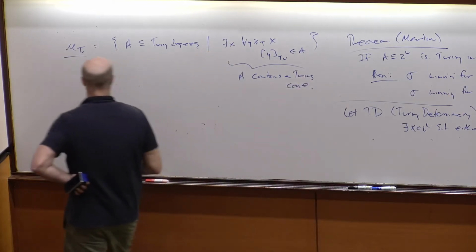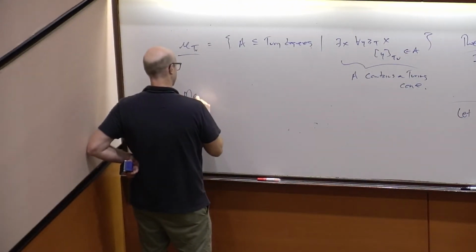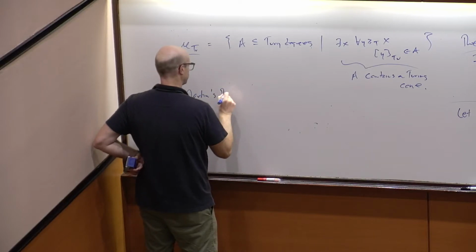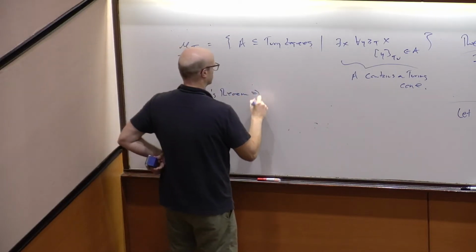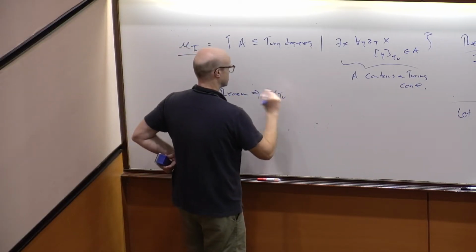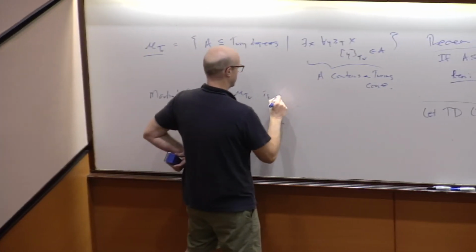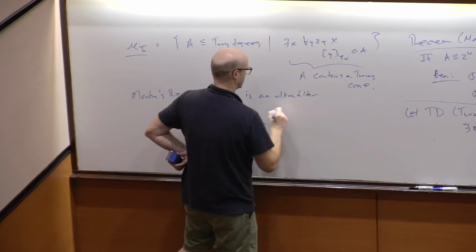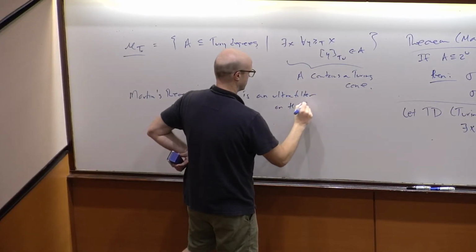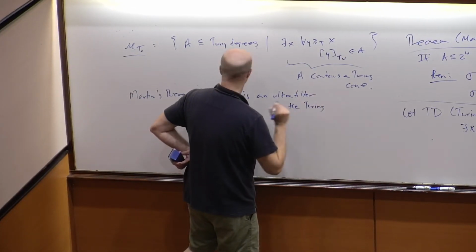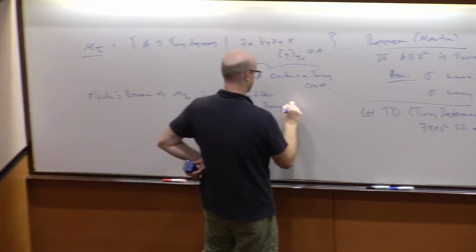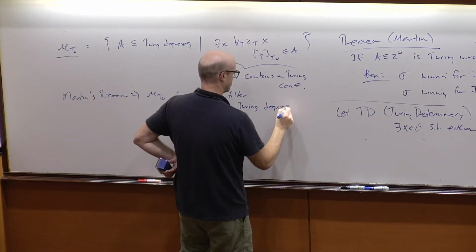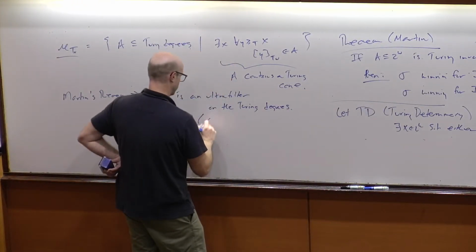Okay, so Martin's theorem implies that mu tu is an ultrafilter on the Turing degrees, and countably complete with CCR.